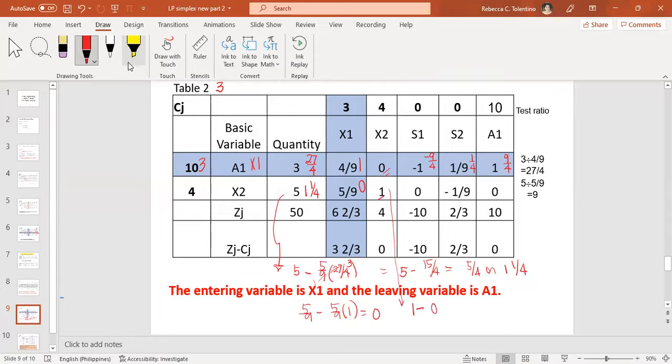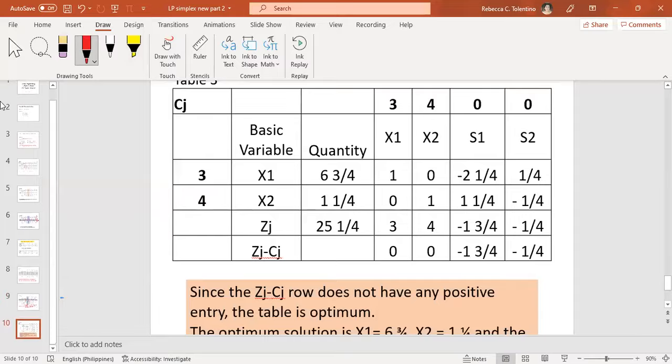So 1 pa rin to as is. Diba? 0 times 5/9 to, which is still 0. Okay. So yun, and so on. And then the results will be in the next table. This is what will happen.